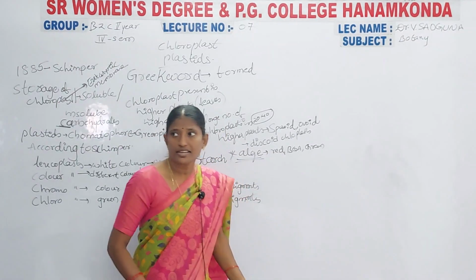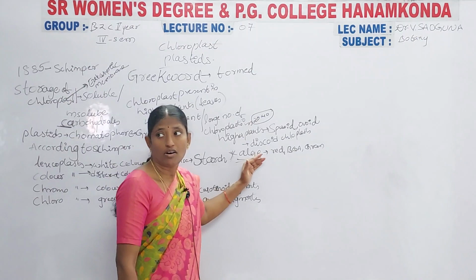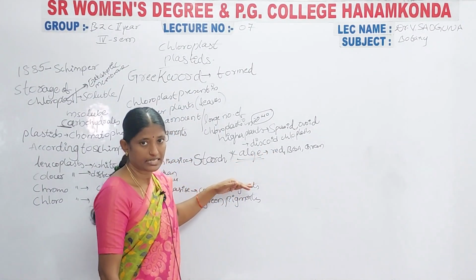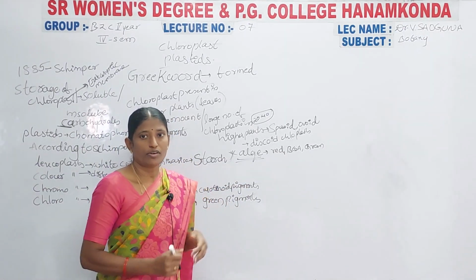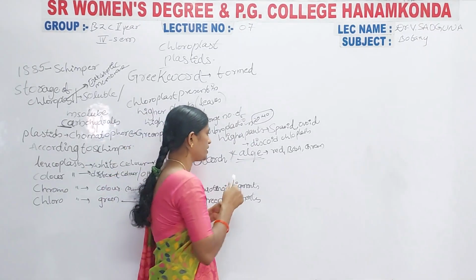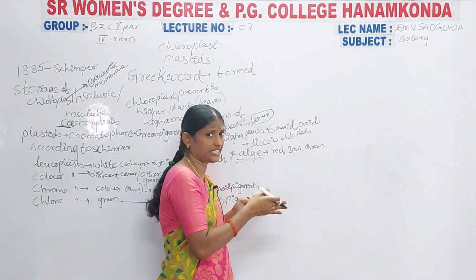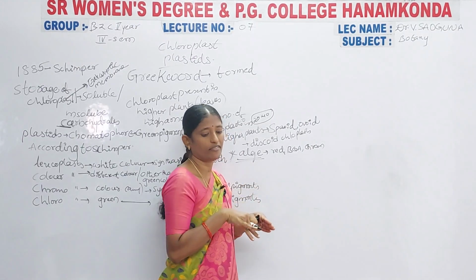So different types of pigments are present in algae, and the structure is also different: some are ribbon-like structures or cup-type structures, depending on their cell wall, the algal cell wall.